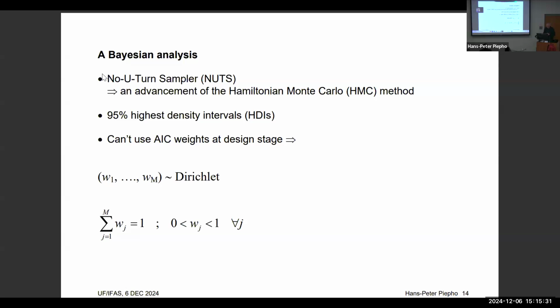Just a few, not too much detail here, just to say it's a Bayesian analysis. We use the no U-turn sampler and compute, for example, 95% highest density intervals, the equivalent of your confidence interval in a Bayesian setting. And we have the weights in there. So how do we deal with the weights?